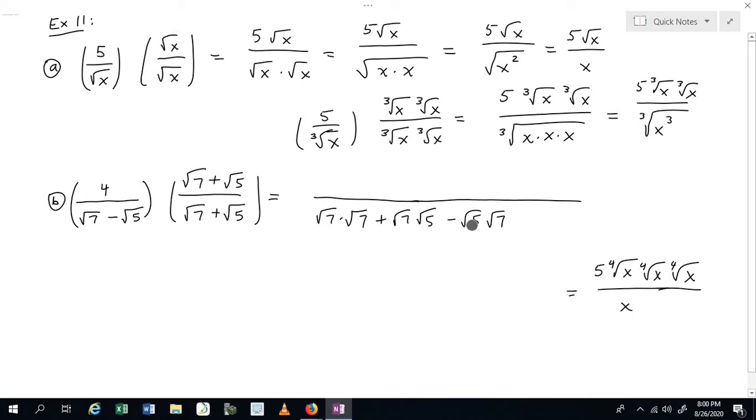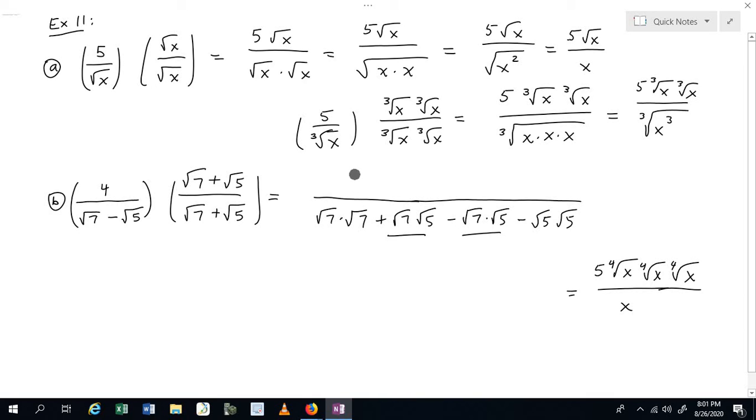And now remember, the order in which I multiply doesn't matter, so I'm going to switch the order and just say square root of 7 and then times the square root of 5. And that way it makes it clear that these cancel out. Okay, and then the last would be the square root of 5 times the square root of negative 5. Of course, this will be negative because a negative times a positive is negative. And then you get square root of 5 times the square root of 5.